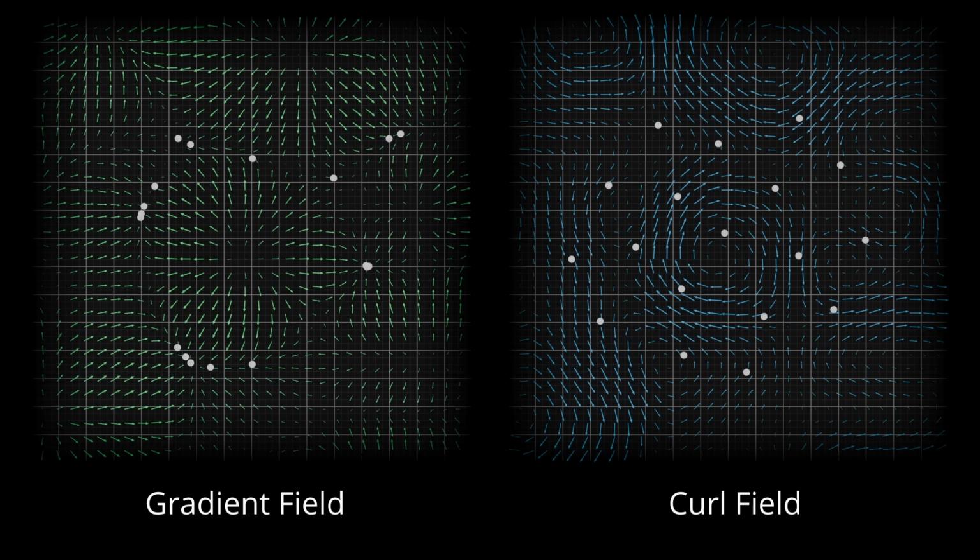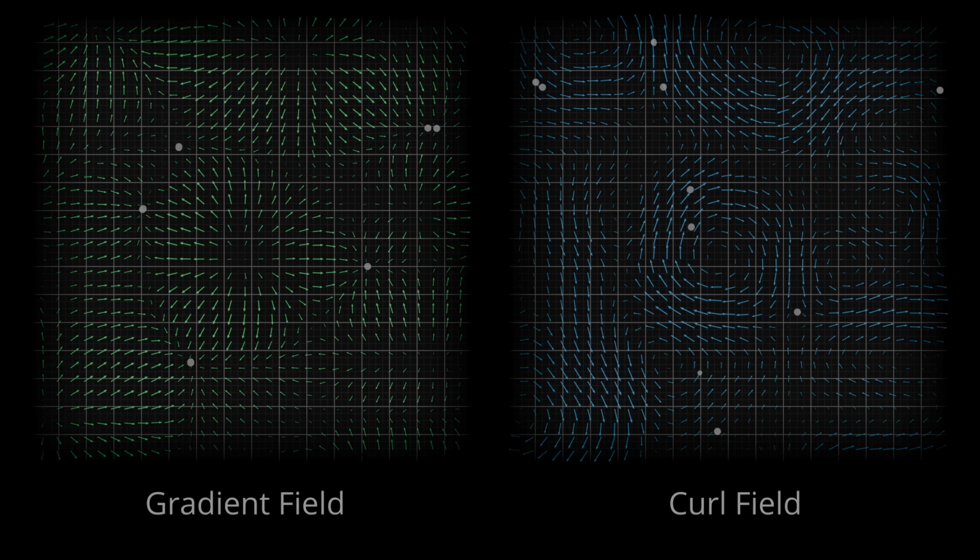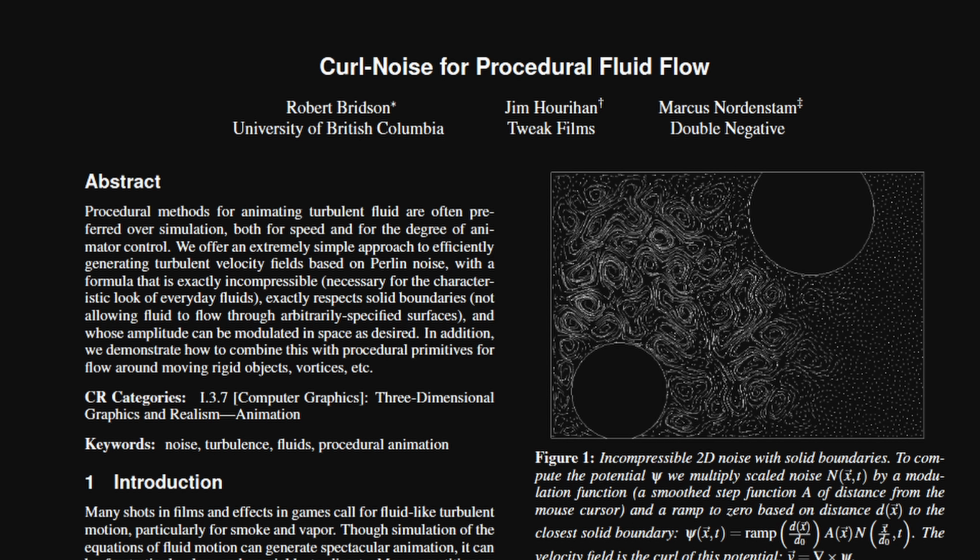On the gradient field, all of the points flow to a low point on the field, while on the curl field, they eventually return to their starting location, so no energy is flowing in or out of the system. This curl field is what's referred to as curl noise, and it's what we'll want to use to distort our fluid texture.